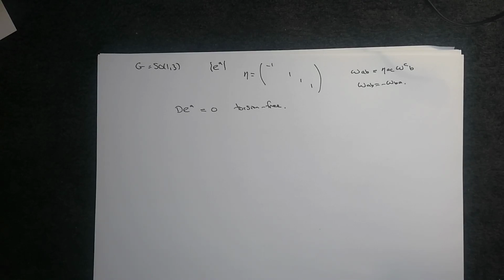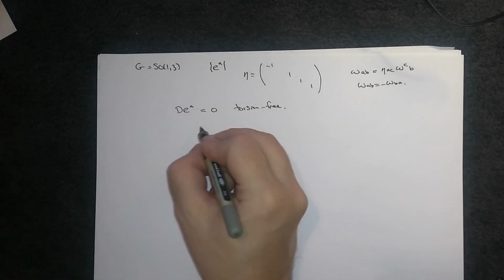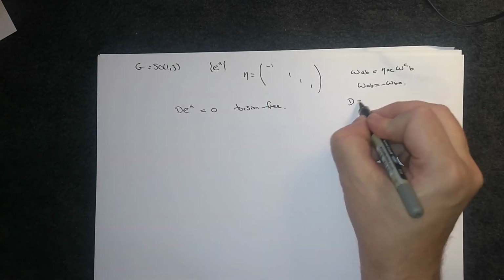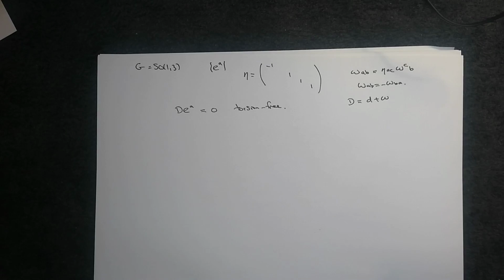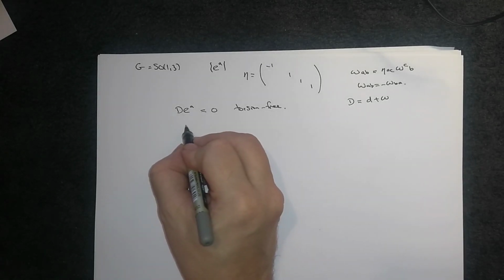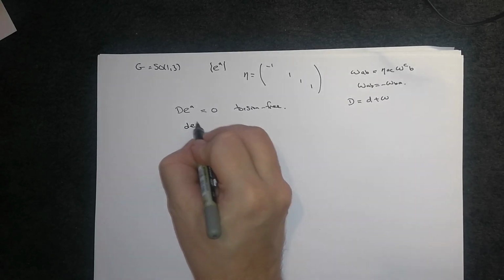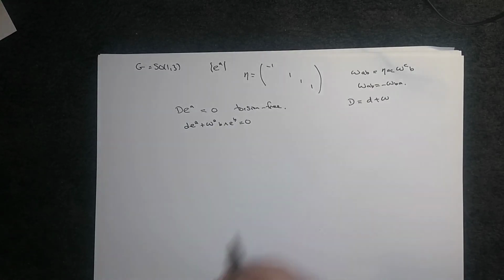So that is given by, if we now say D is d plus omega, in this case it will be given by dE^A plus omega^A_B wedge E^B is 0, which is one of Cartan's structural equations in the absence of torsion.